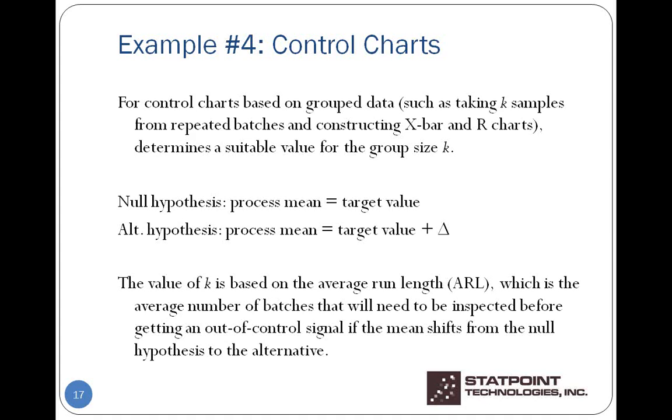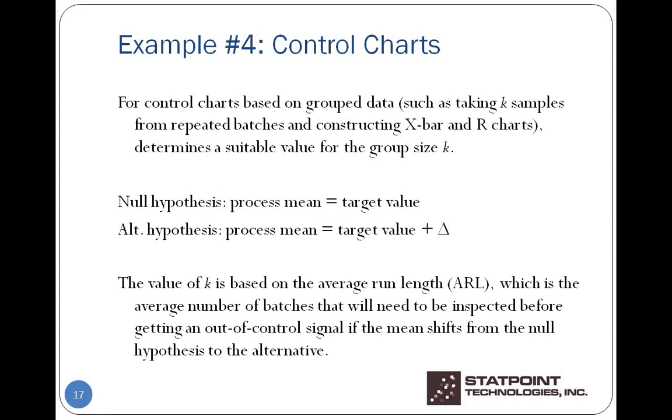That'll be the null hypothesis. The alternative hypothesis will be that the process mean is equal to the target value plus some delta. That it's actually shifted from its target value either up or down by an amount equal to this value delta.